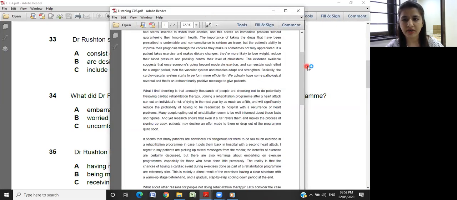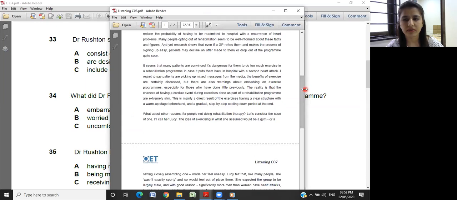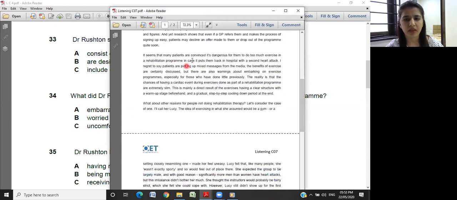So if you can see here, he was explaining that people are picking up mixed messages. The reality is that the chances of having a cardiac event are extremely slim.